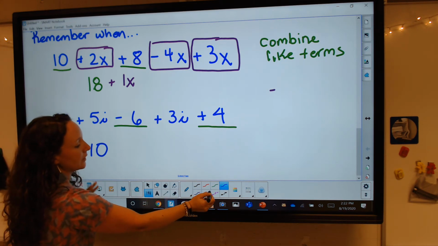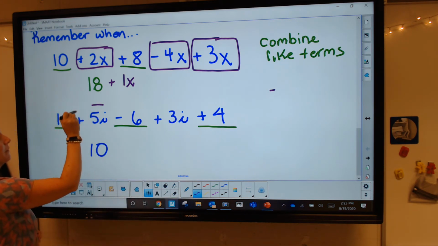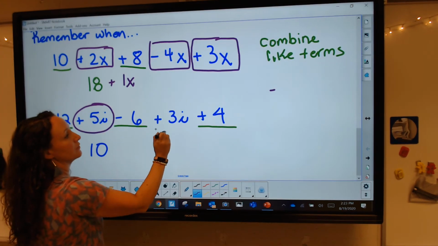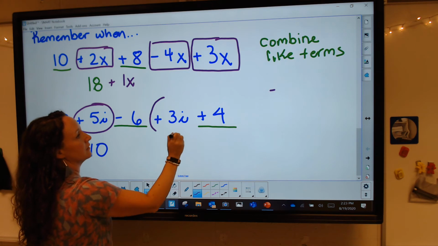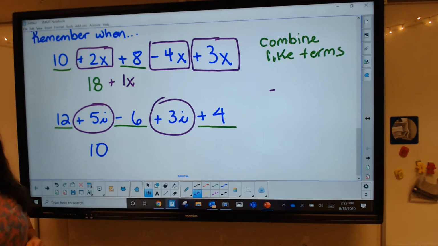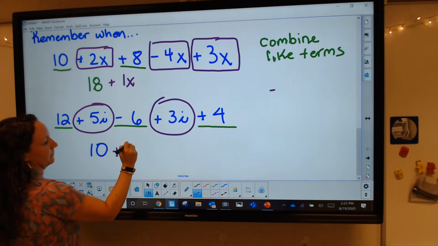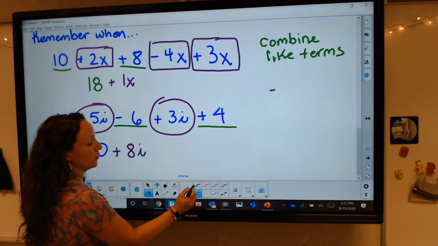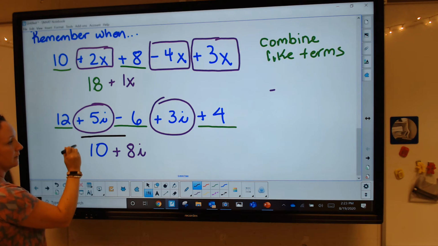And then I'm going to combine the imaginary part. So I have 5i plus 3i. 5, 6, 7, 8i. And this would be my total answer. You can't go any further on this.